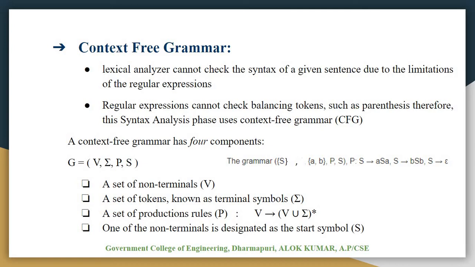Here you can see one grammar that we have mentioned: S is in the set of non-terminals, and A, B are the terminal symbols, and P is the production rules, which we have defined here, and S is the starting symbol. One production rule is S generating ASA, the second is S generating BSB, and the third is S generating the empty string. So this one is a context-free grammar.